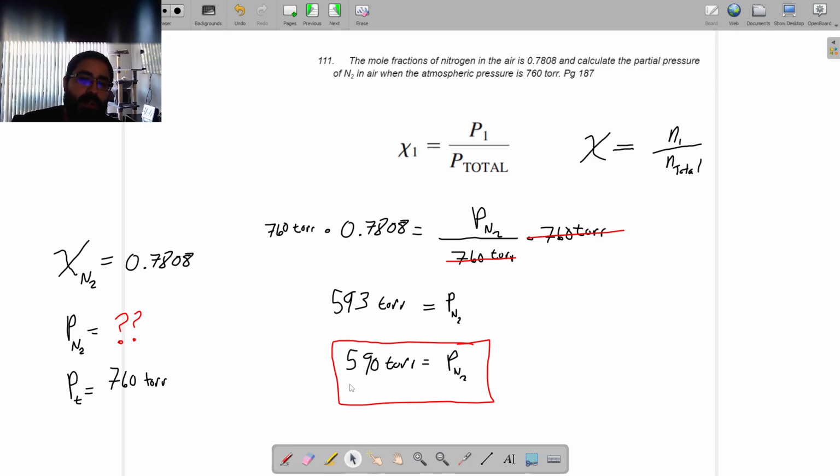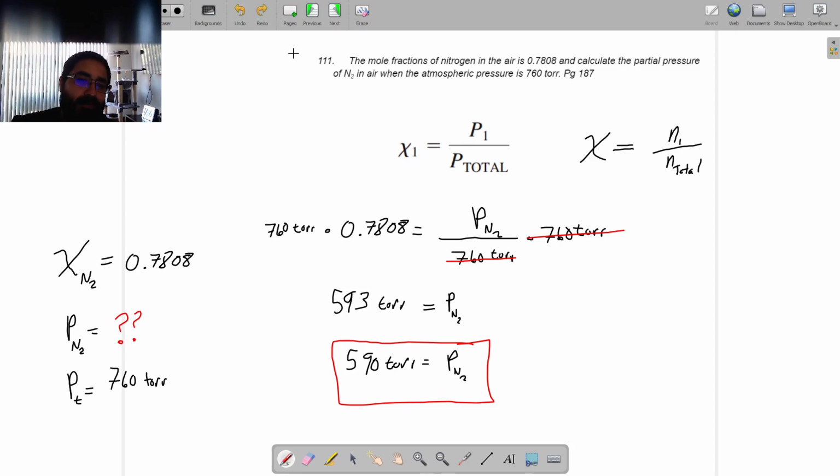Very, very simple. Now, problems can be jerks, right? Because if you take a look, this is moles. So if they give you grams of a gas, you can kind of see where it's going. They can complicate your life. If they give you VNRT, well, that's the same thing as P, right?